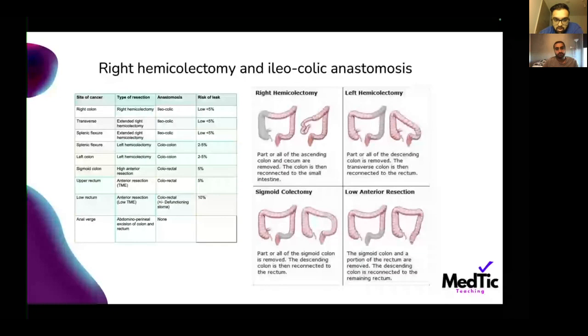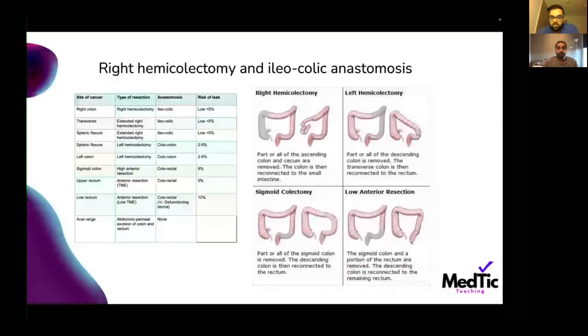When it's the upper rectum, you want to do just an anterior resection. So it's when the sigmoid colon part of the rectum are removed, and if it's in the lower rectum, just an anterior resection, and at the anal verge, an abdominoperineal excision of the colon and rectum.